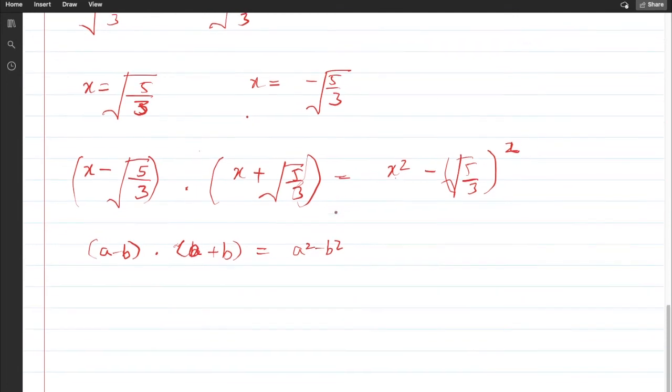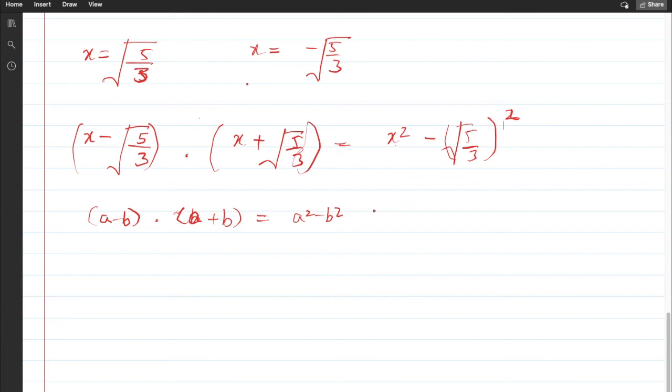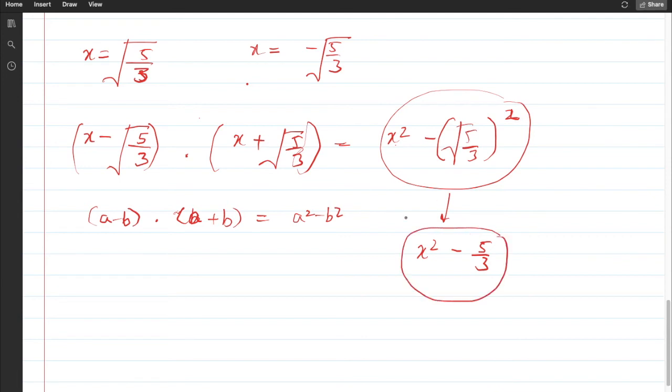Alright, I hope you are getting this thing. Yes, so in the next step, this can be rewritten as x square minus 5 by 3. You can write it like this.